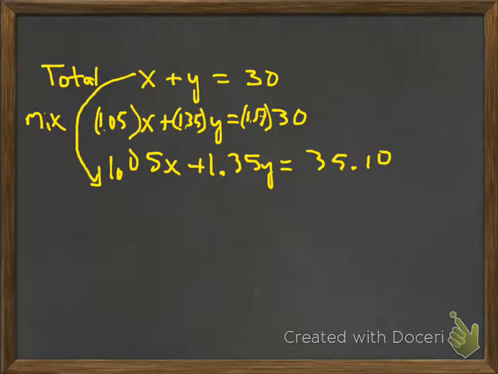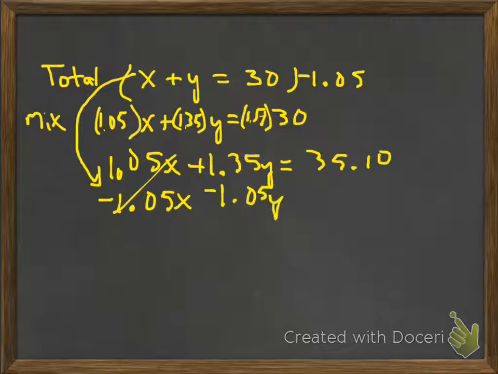So I'm going to decide what variable I want to get rid of. Let's say I decide to get rid of the x. So I'm going to multiply all of this by negative 1.05, so that I have negative 1.05x. That way I know my x's are going to cancel. Negative 1.05y equals, again, negative 1.05 times 30.